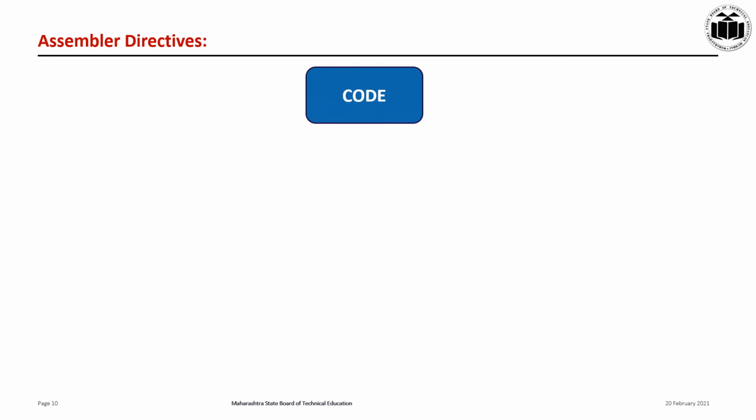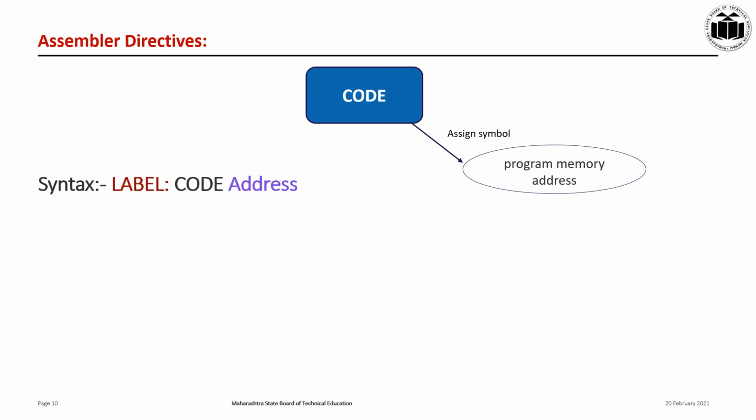Next directive is CODE. The CODE directive is used to assign a symbol to a program memory address. Since the maximum capacity of program memory is 64K in the 8051 microcontroller, the address must be in the range of 0 to 65535. Syntax: label CODE address.